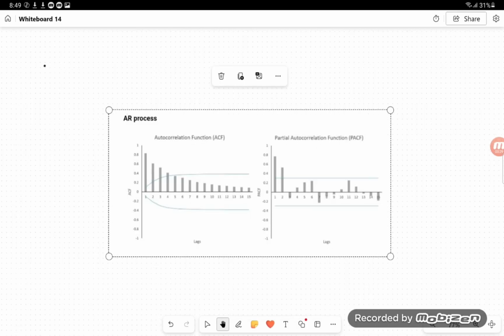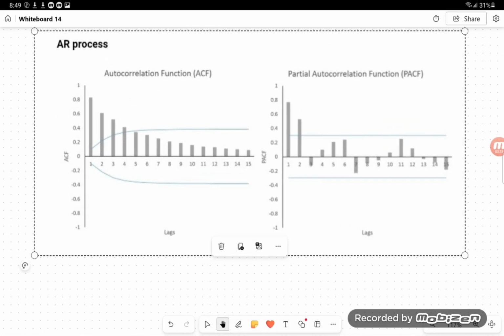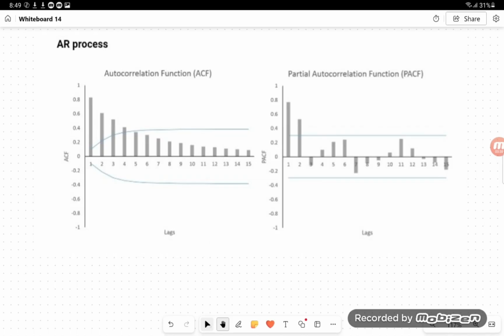Here is an example. On the left-hand side, this is the ACF or autocorrelation function. And on the right-hand side, this is the PACF or partial autocorrelation function.